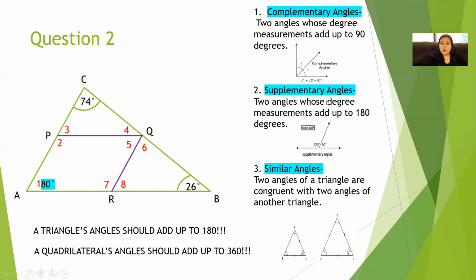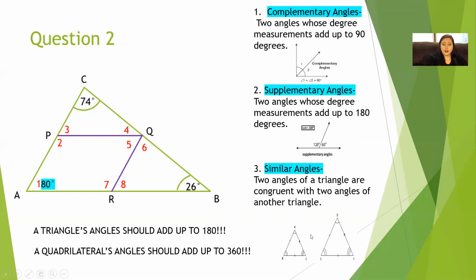Next thing we need to know is supplementary angles. These are two angles whose degree measurements add up to 180 degrees. In the image right below, it's a straight line with a line going through it, and the angle measurements on either side should add up to 180 degrees. Similar angles, which you can see right here, are two angles of a triangle that are congruent with two angles of another triangle.